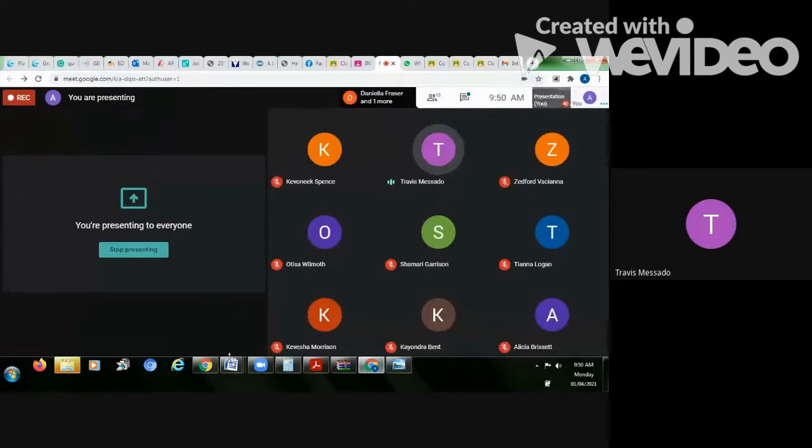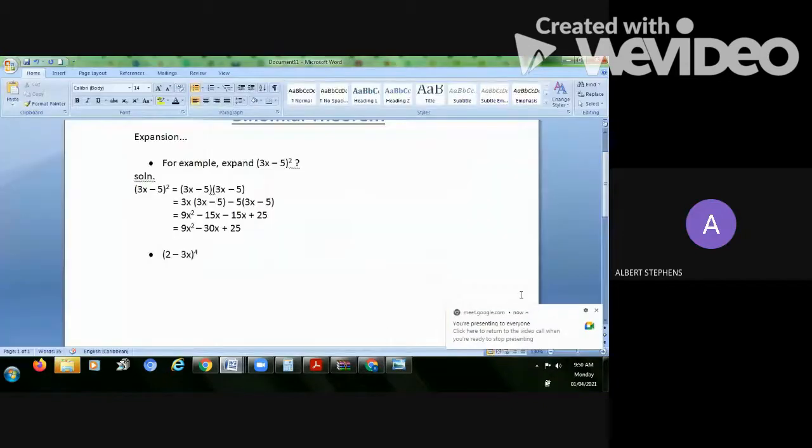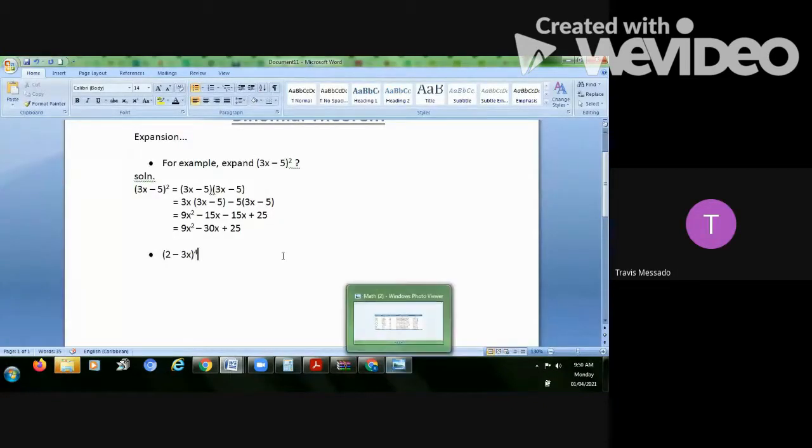Sir, I have a question. So is it basically the same thing, but expanded in a different way? What do you mean? Just as you expand the 3x minus 5, open bracket and close bracket, and then you have the power.